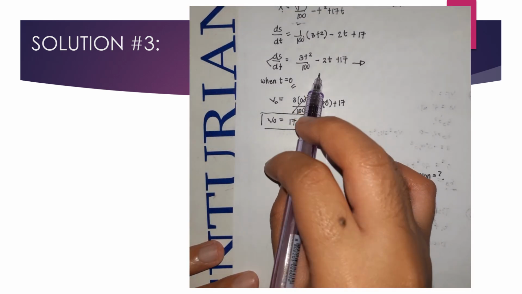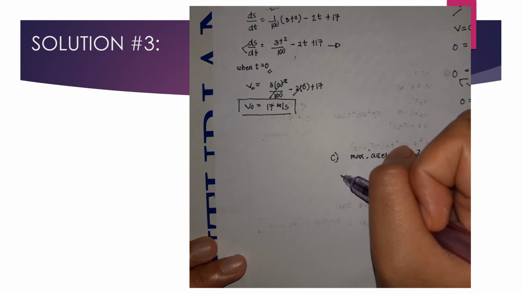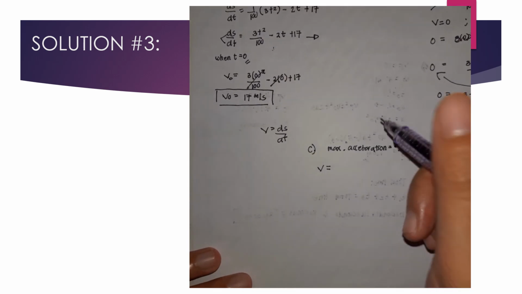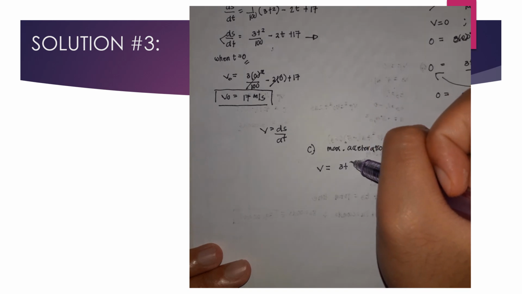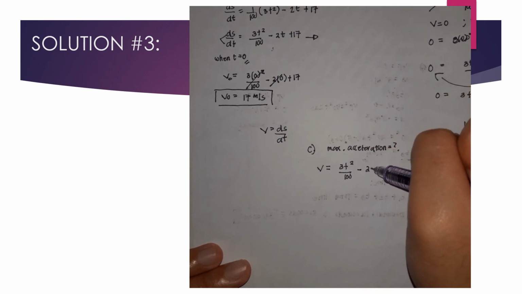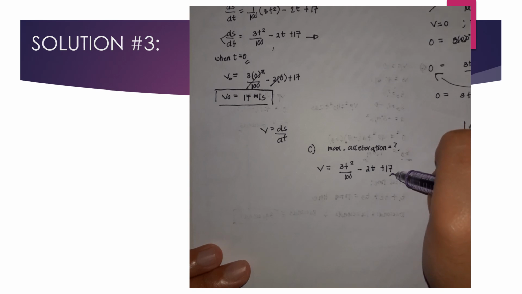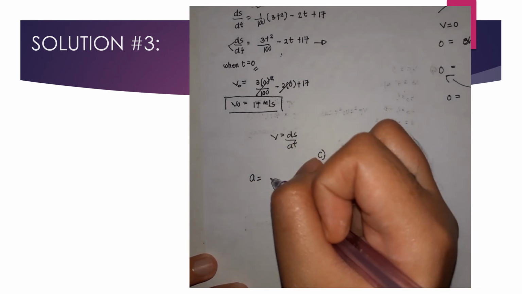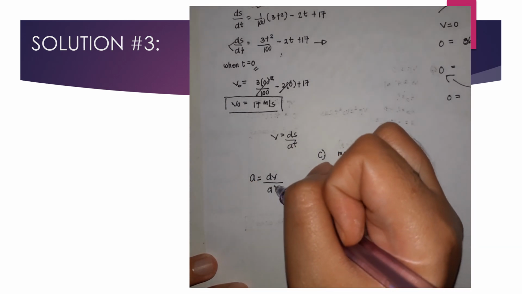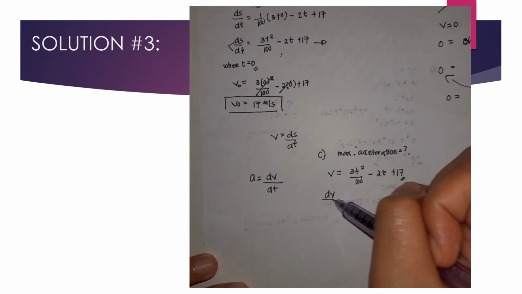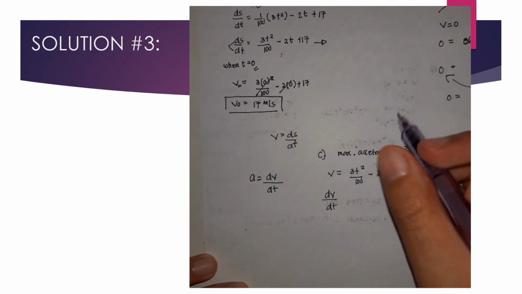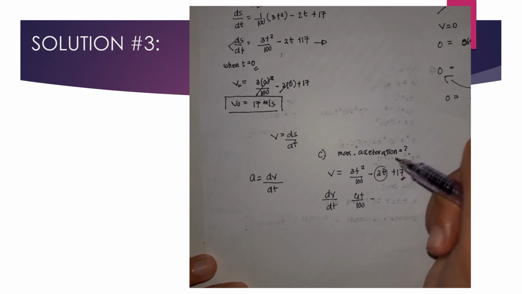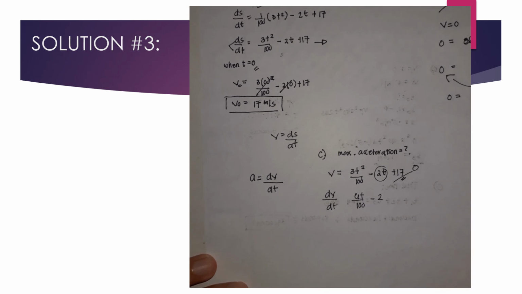Going back to our equation of velocity, remember, we have the variable acceleration formula of a is equals to dv over dt. So this is dv over dt, and we'll derive this equation. We have 6t over 100 minus 2.